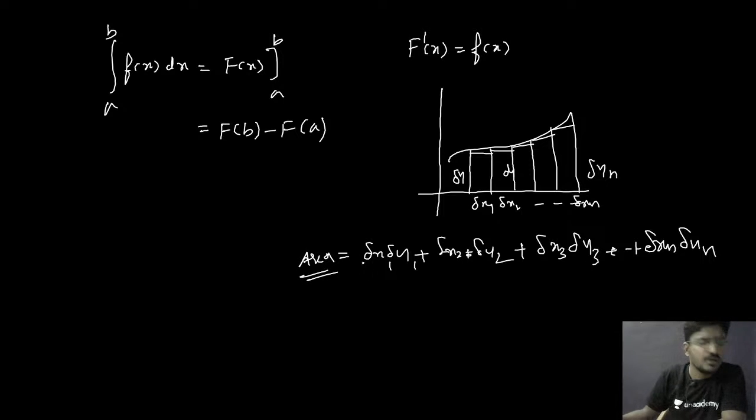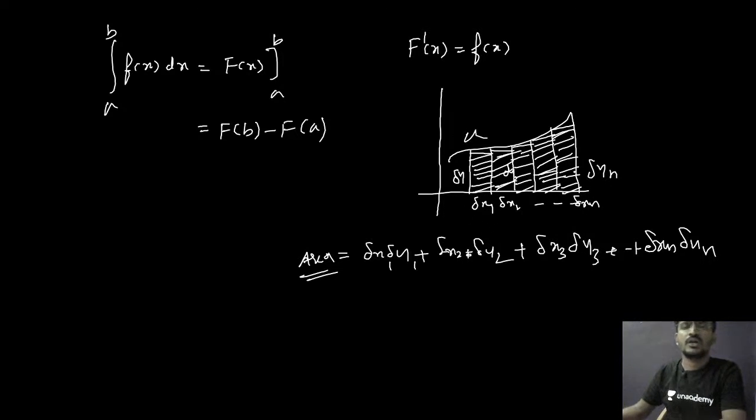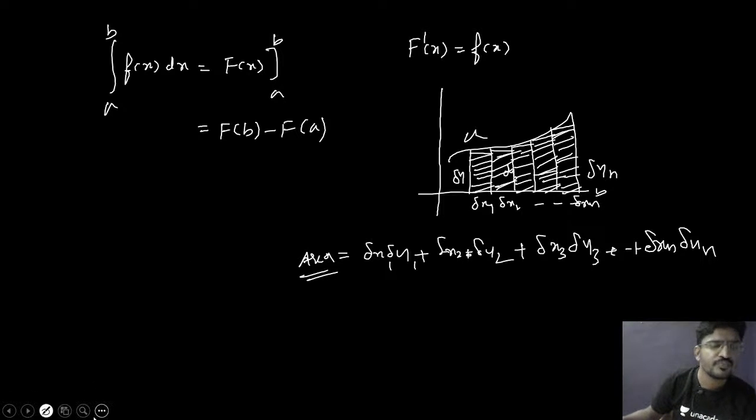Okay, so the calculation of this area of these strips is going to be area under this curve. Clear? From A to B. So this is the simple understanding of your definite integrals.